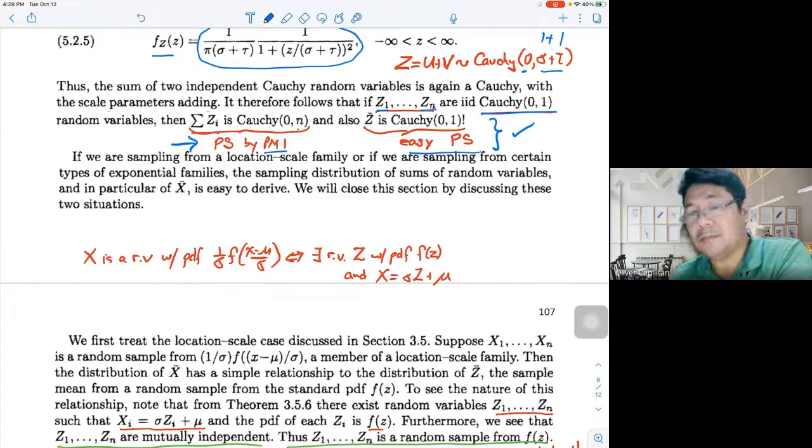If you have been able to review my video recordings about the probability integral transform, kung naka-recall kayo dun, you're able to generate values of a random variable having a particular distribution.